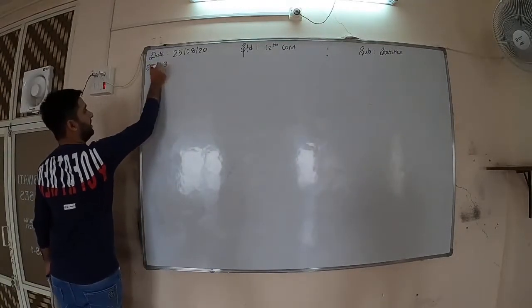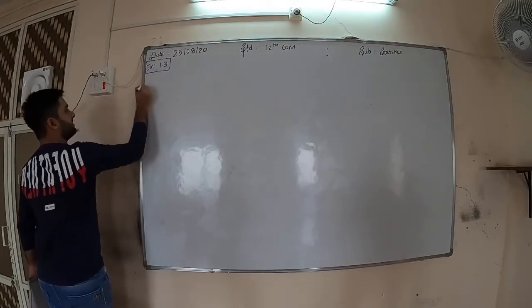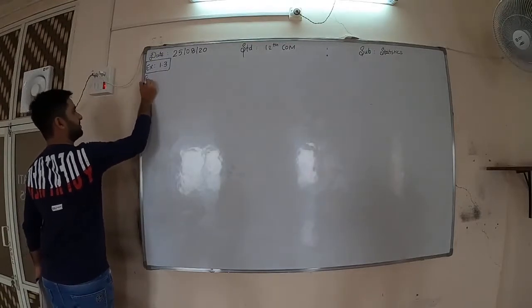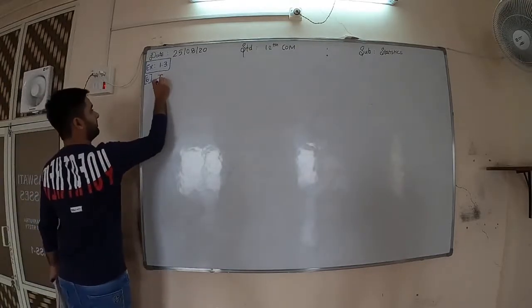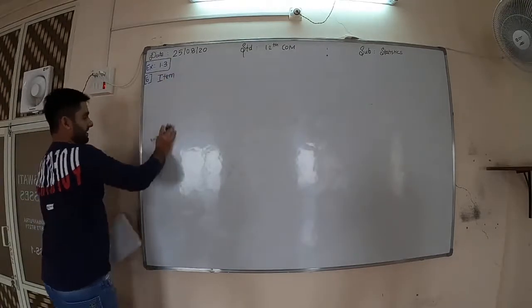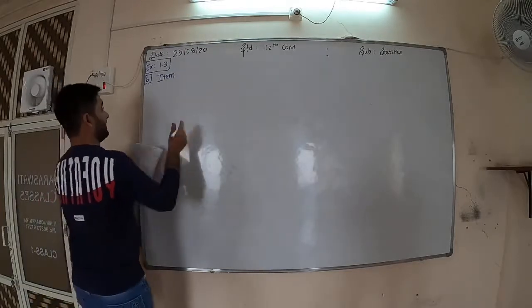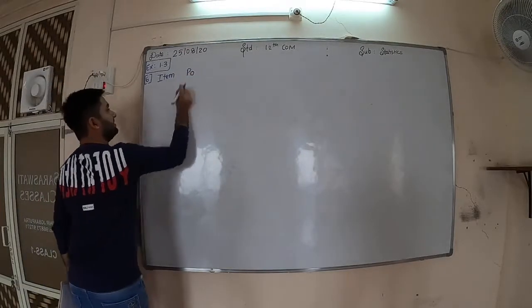Exercise 1.3, sum number 6, the sixth sum. First column is item, then P0.